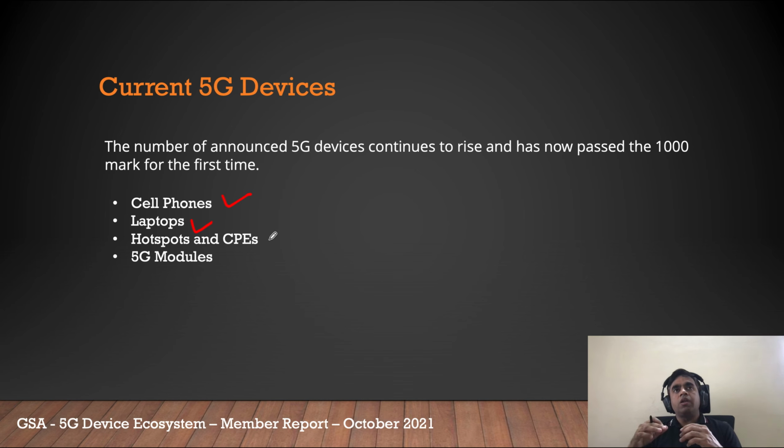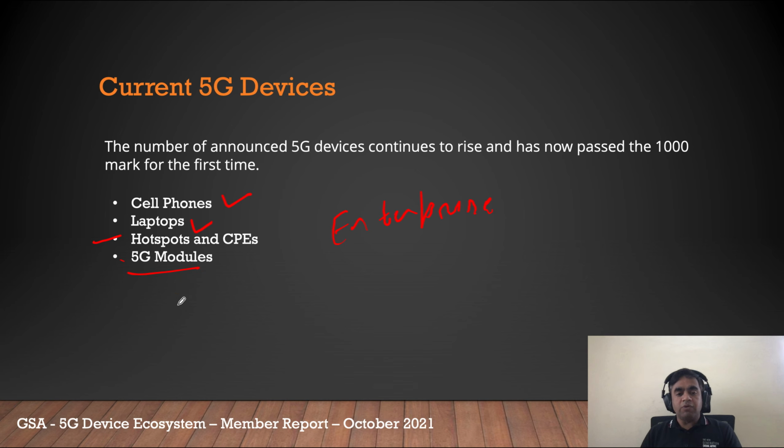But if you recall our first session where we were talking about 5G, it was not only focused on the end users, it was also focused on the enterprises. So this is where we are connecting our dots. The enterprises are mainly interested in the 5G modules and the hotspots or CPEs.